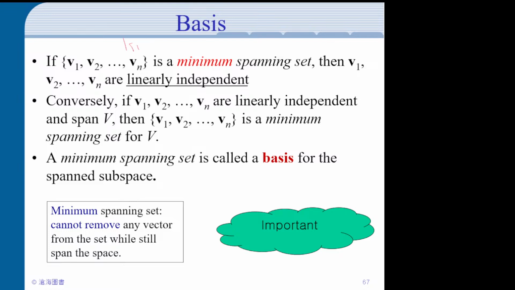If they are linearly dependent, then we can remove one of them, so it's not minimal. We can remove one v.